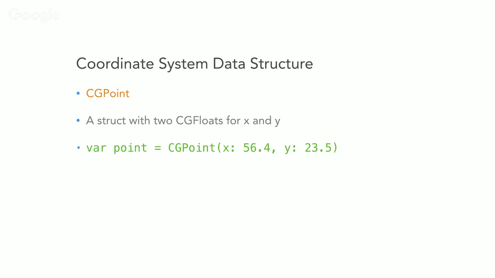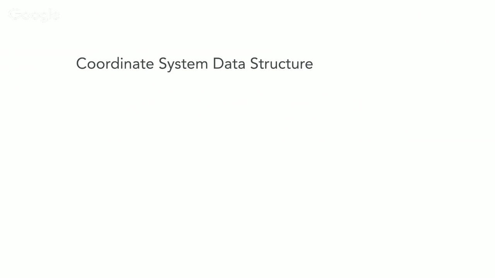So that is a point. You ask, why do we need those data structures? Well, later on when we use frame and bounds, they are also structs, and inside them they have some of these data structures. They don't use simple types like Float or Double. They use those data structures of the coordinate system. That's why we'll need these data structures.